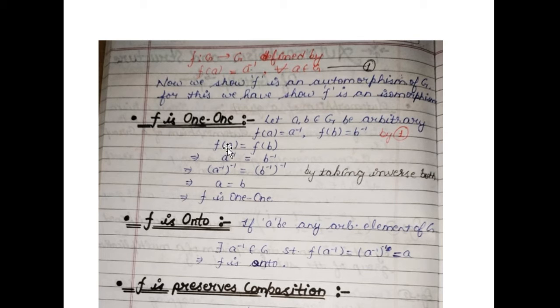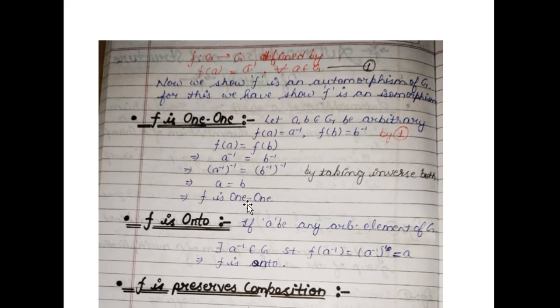So consider F(a) equal to F(b); by definition a^(-1) is equal to b^(-1). Taking inverse on both sides, (a^(-1))^(-1) is equal to (b^(-1))^(-1). And you know the basic property of a group: the inverse of an inverse is the element itself, so this will be equal to a, and this will be equal to b. So if we take F(a) equal to F(b), then a is equal to b.